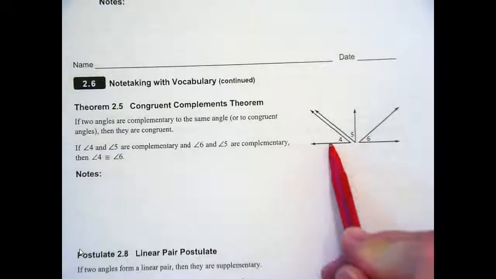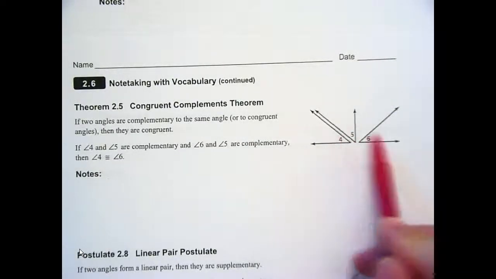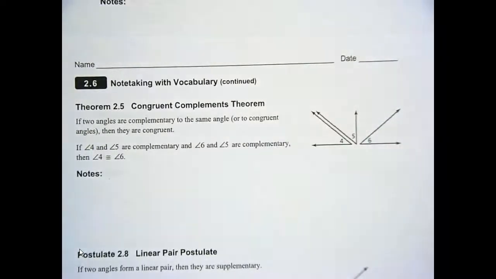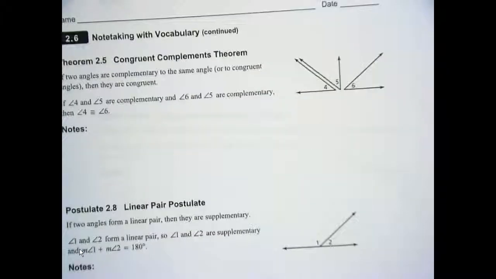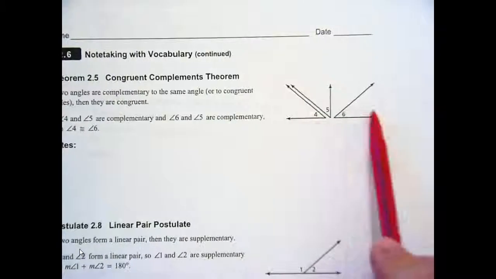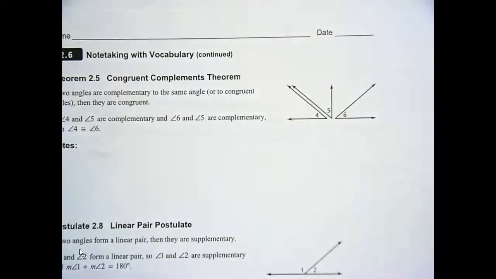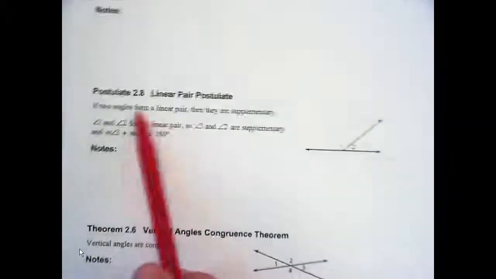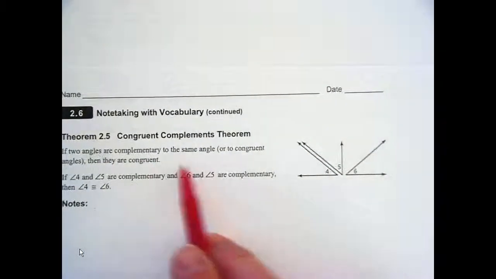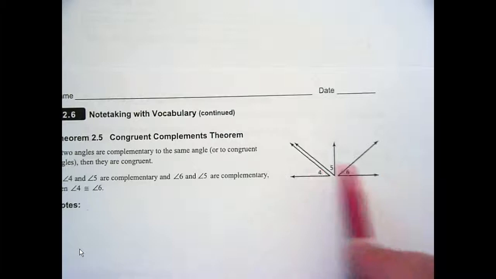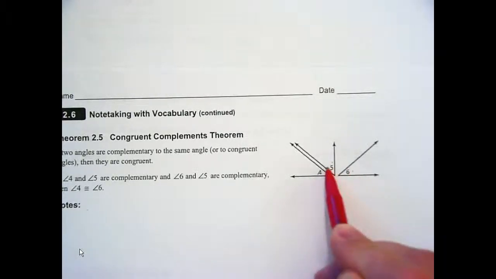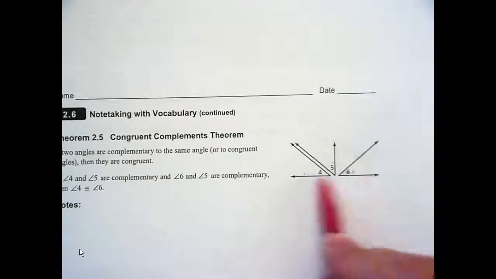So if 4 and 5 are complementary, and 5 and 6 are complementary, then 4 is congruent to 6. They're not complementary, they're congruent. I may have said that wrong. If two angles are complementary to a third, then they're congruent. So since that is complementary to that is complementary to that, those two have to be equal.